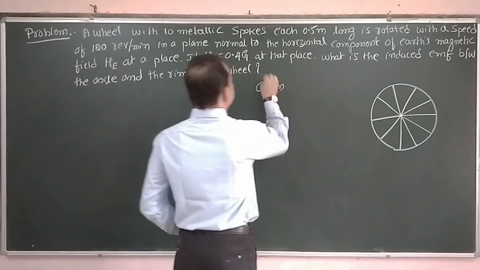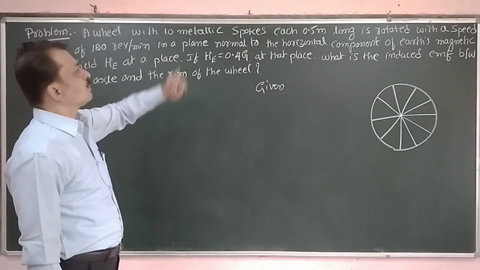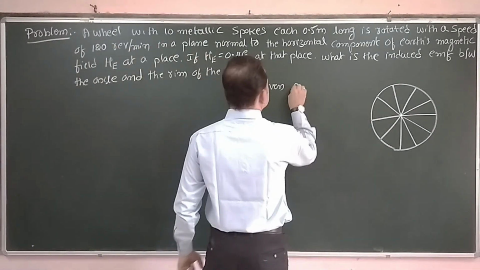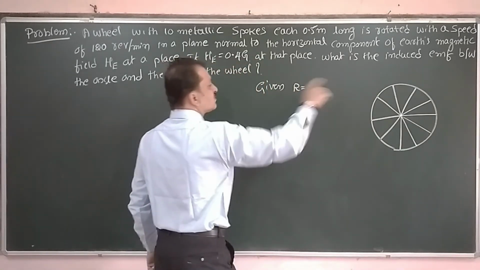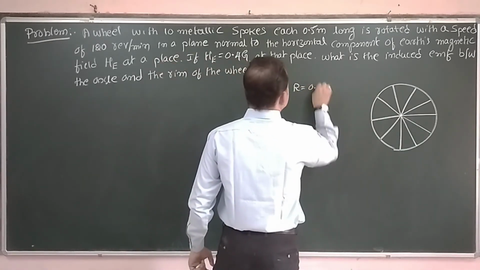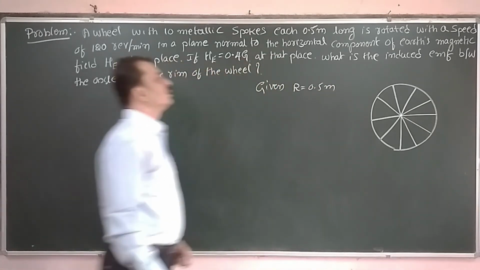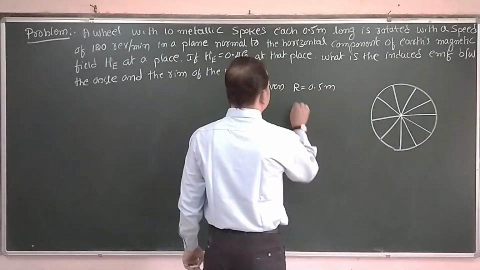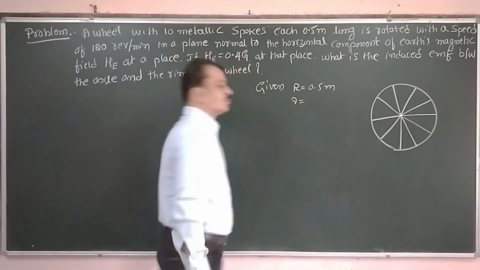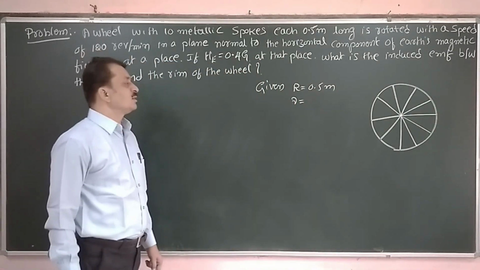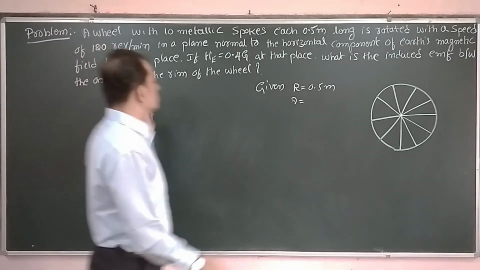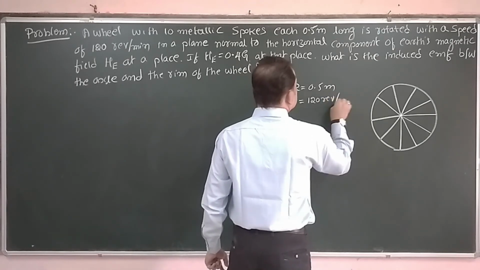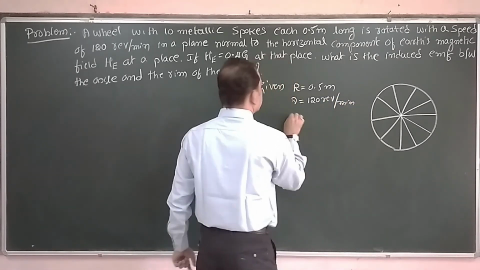Okay. Now what are the given things? Number of spokes is immaterial. The length of each spoke is nothing but the radius of the circular rim. It is 0.5 meter, rotated with a speed of 120 revolutions per minute. The frequency nu is 120 revolutions per minute.